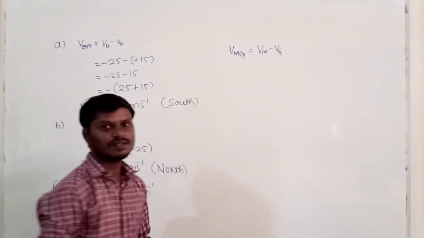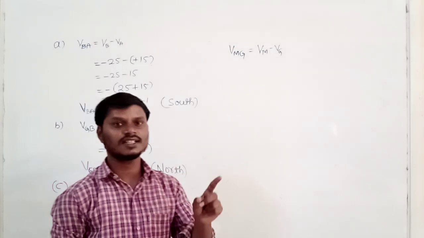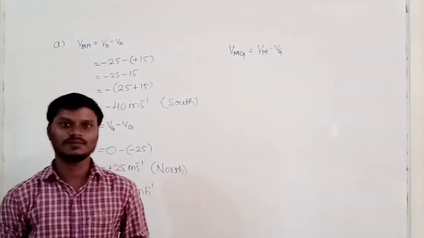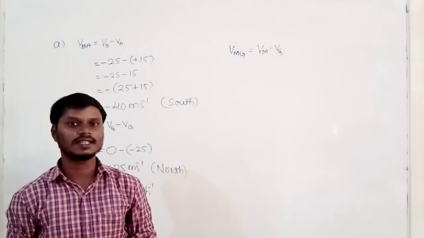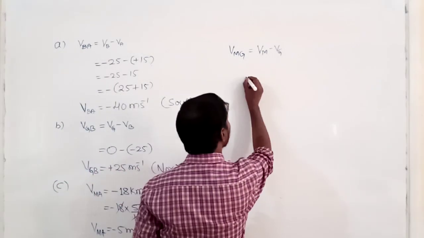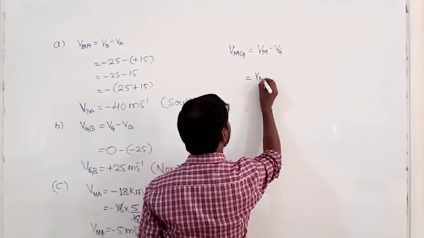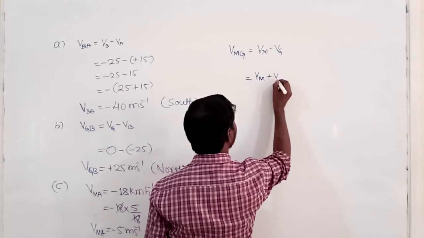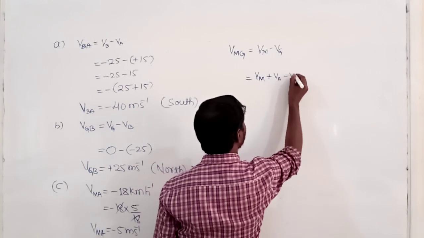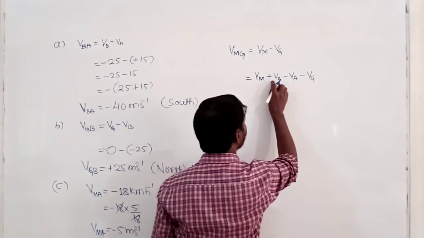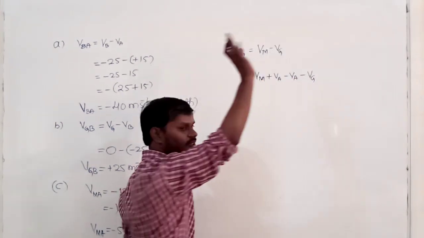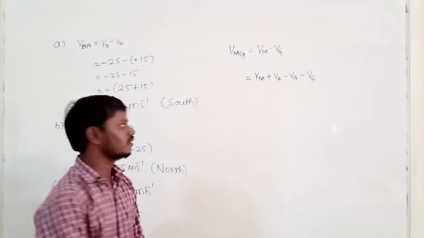Then I will add and subtract the velocity of train A, because the monkey is running on which train? The monkey is running on train A. That is why I will add the velocity of train A and also subtract the velocity of train A, then minus VG. Plus VA minus VA gets cancelled, it remains the same.